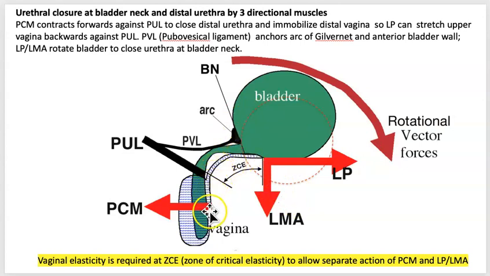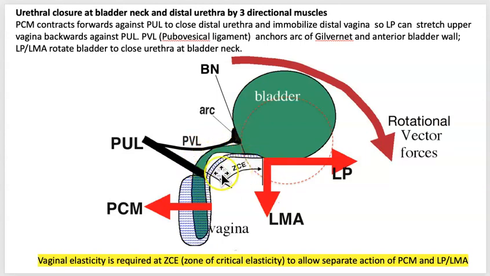Now, because we've got opposite muscles, you need elasticity in the bladder neck area, and that is called the zone of critical elasticity. So when those of you who are gynecologists or anybody, you never cut the bladder. You always must keep the bladder neck free.